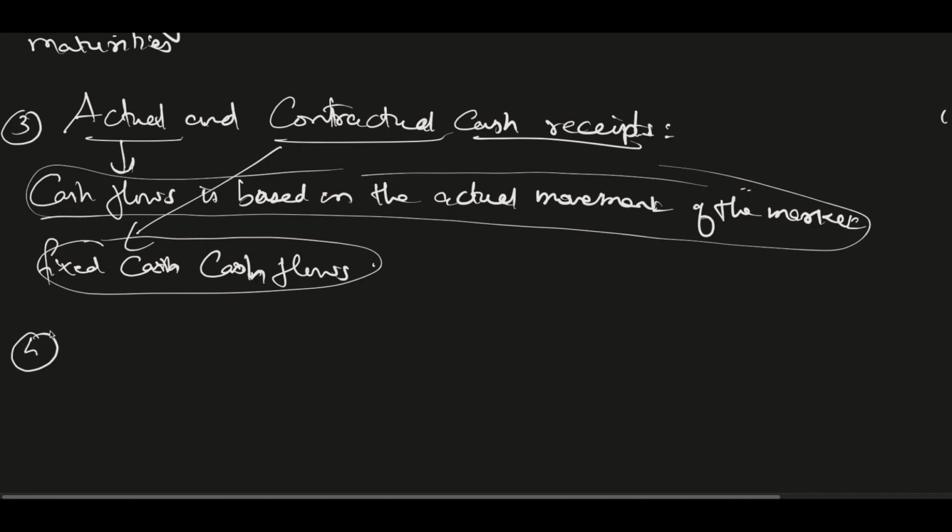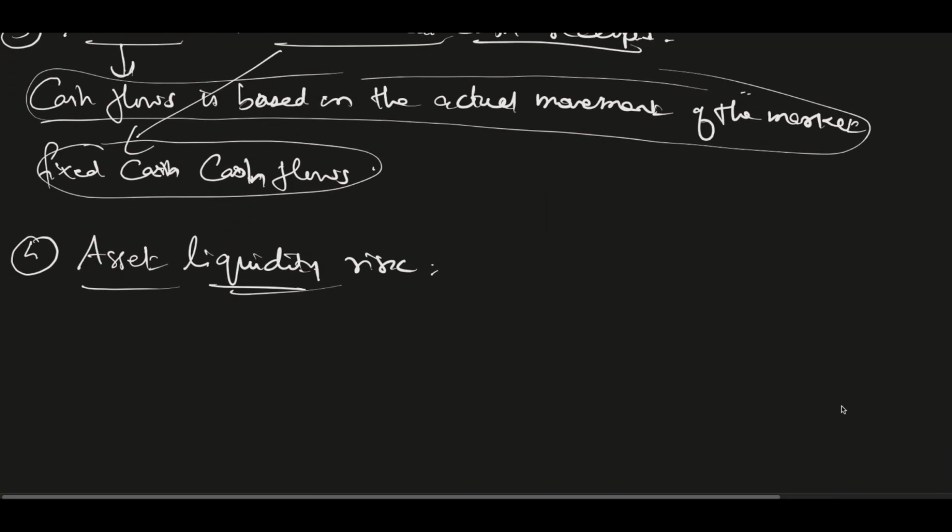Then the next one, asset liquidity risk. Asset liquidity risk is how quickly you are able to sell off your assets. Are you able to sell off your assets on time, quickly, or not? For example, real estate you cannot sell off very quickly, so real estate has liquidity risk. Whereas if you want to sell off your marketable securities, you may be able to sell them very easily.